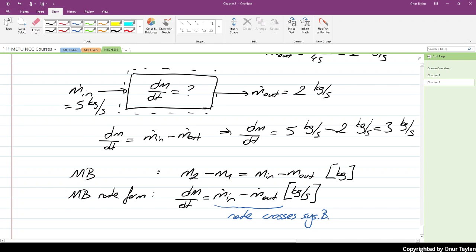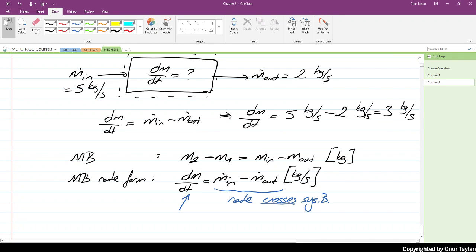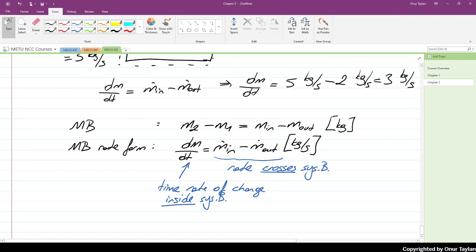This part is nothing but time rate of change inside the system boundary. I emphasize inside over here. All right. So this is nothing but the rate form. This is what we mean by the rate for each and every second.